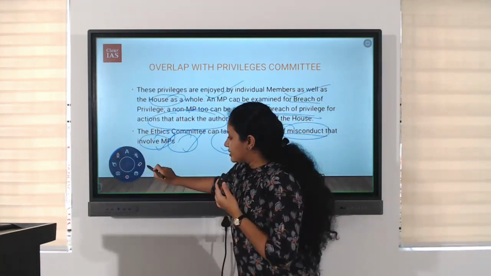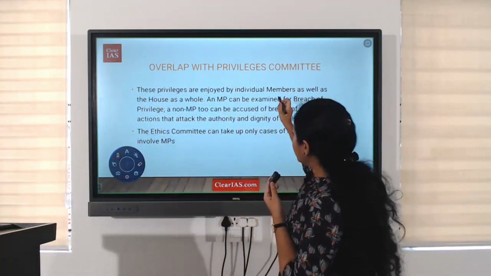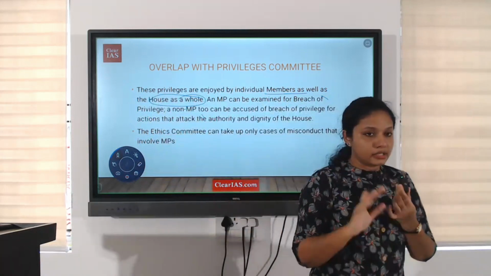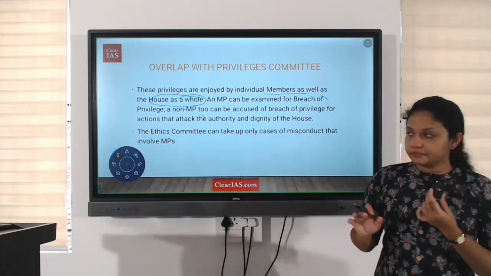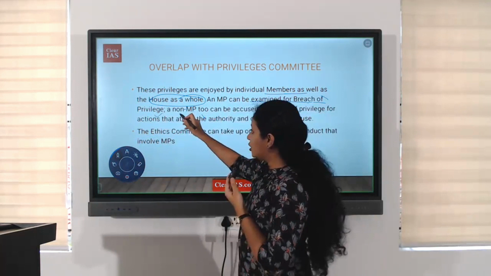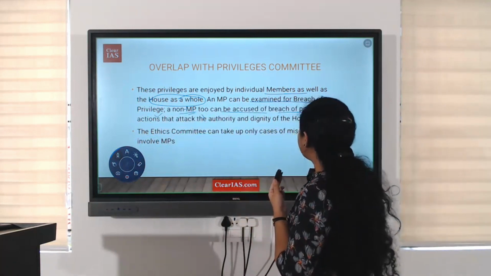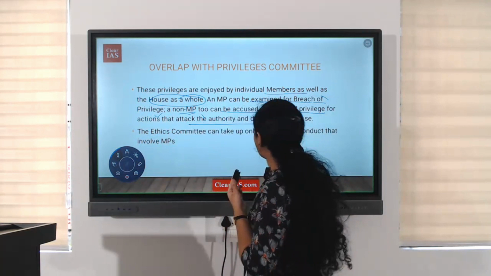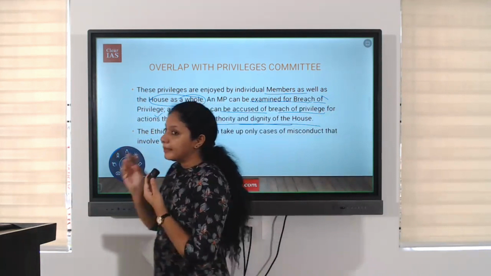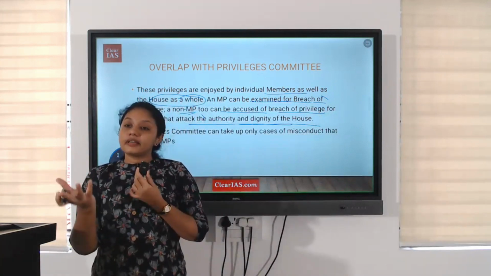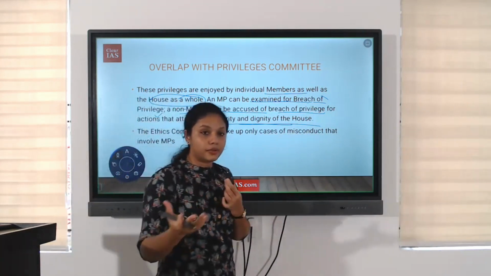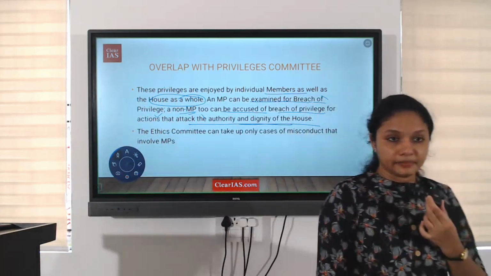Now, these privileges are enjoyed by individual members as well as the House as a whole. Individual and collective privileges are present for the members of the parliament. An MP can be examined for breach of privilege. A non-MP too can be accused of breach of privilege for actions that attack the authority and dignity of the House. That means even if he is a common member, but his decisions affect the dignity of the House, a breach of privilege could be incurred by him as well.